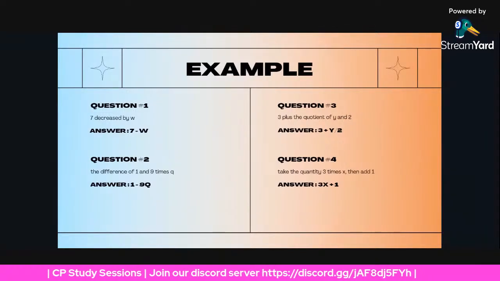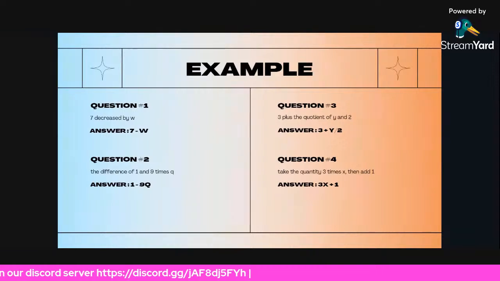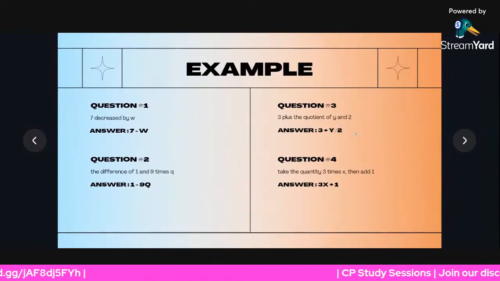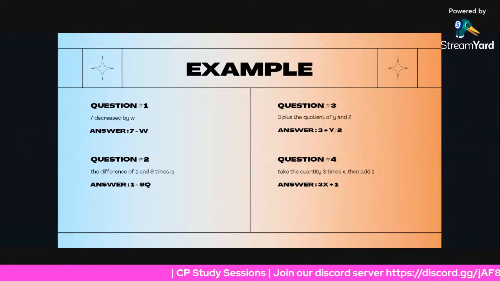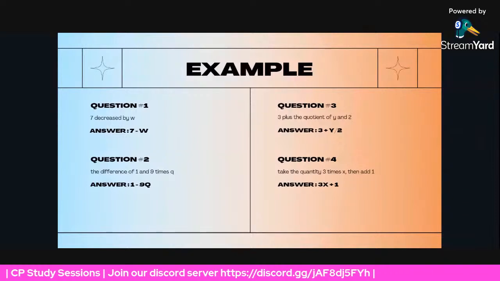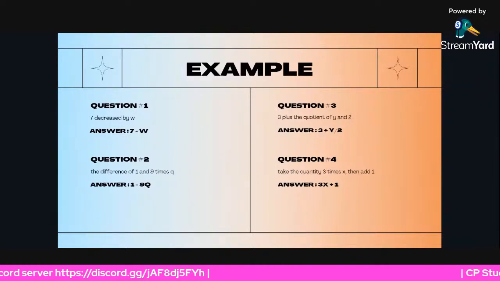So, ang kakalabasan mo rin na algebraic expression is yung walang parenthesis. Dito naman sa question number 3, kapag nilagyan mo naman siya ng parenthesis, ang mangyayari is parang magiging hiwalay na term na siya, imbis na magkasama siya na 3 plus y over 2. Gets ba?